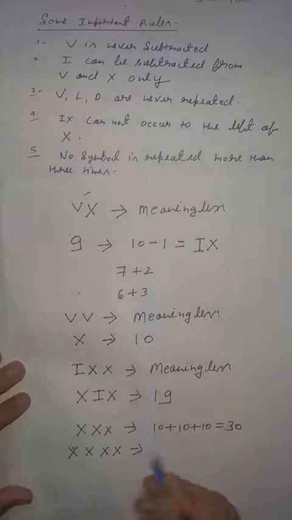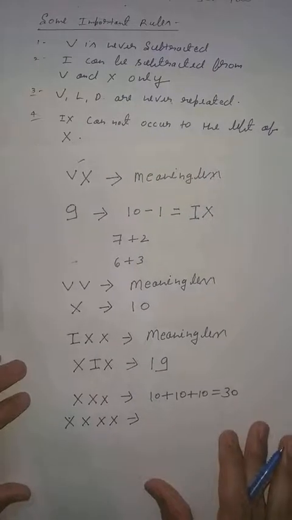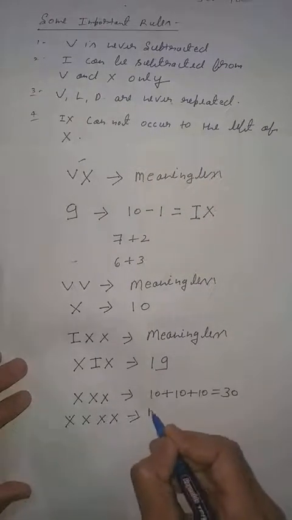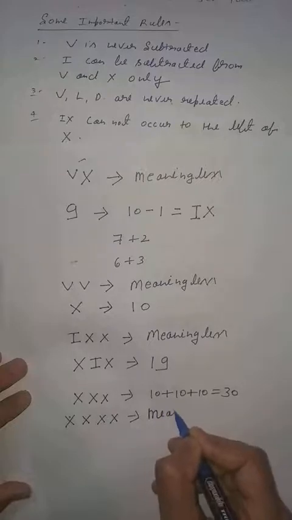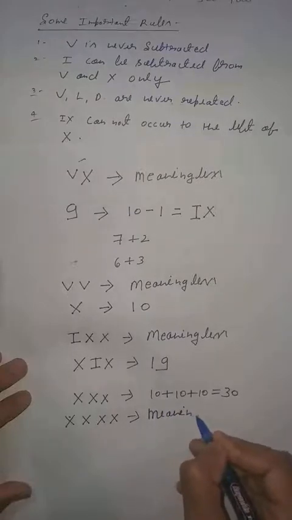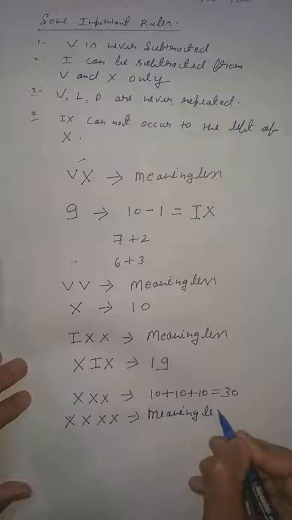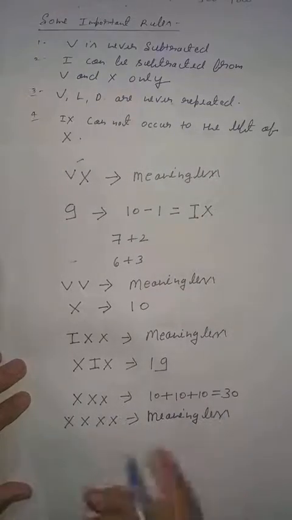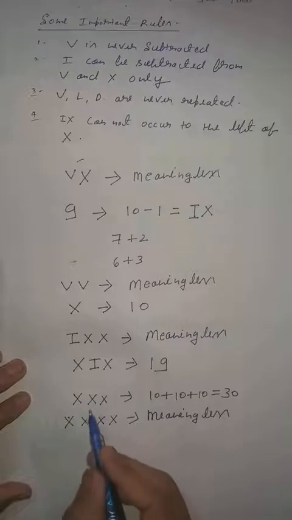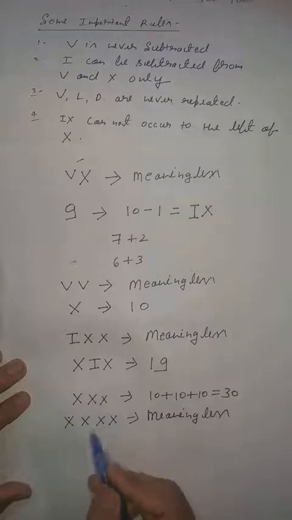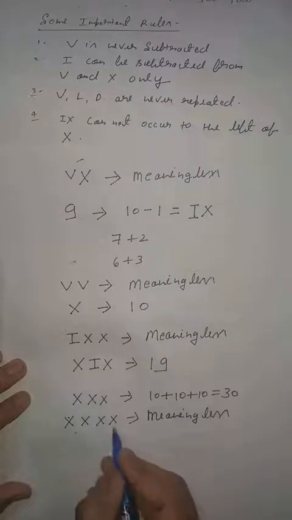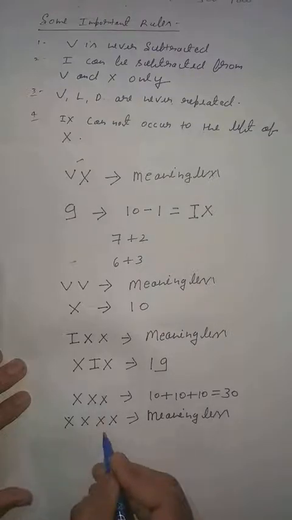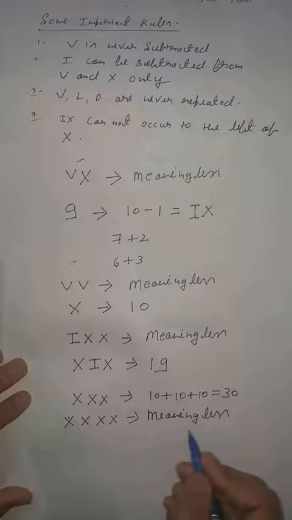So this is what? This is meaningless, because you cannot repeat any symbol more than 3 times. You can say that this means 40, but this is incorrect. If you have to write down 40, how will you write it? You know that. Clear to everyone? So this is meaningless.